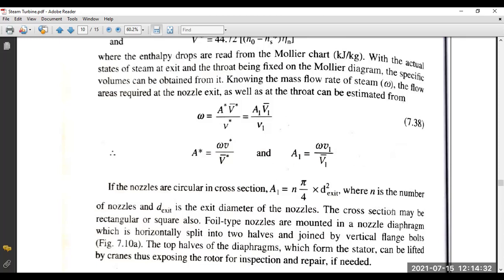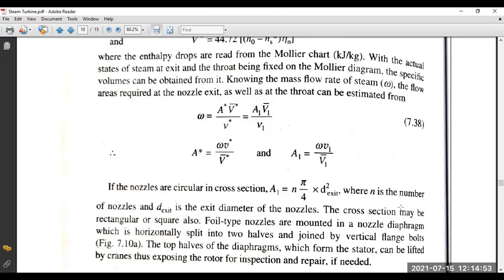With nozzles circular in cross-section, A1 is equal to π/4 multiplied by D exit squared, where D exit means the diameter of the nozzle at exit, which gives us the area at the exit.